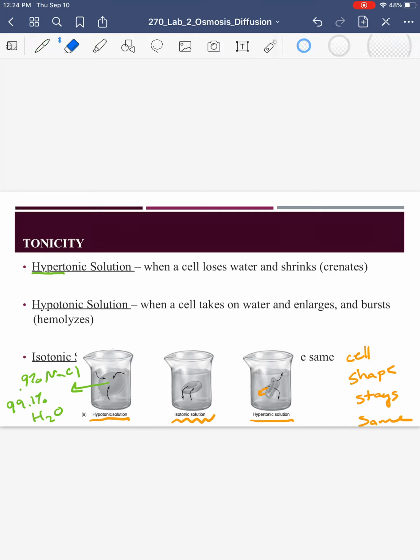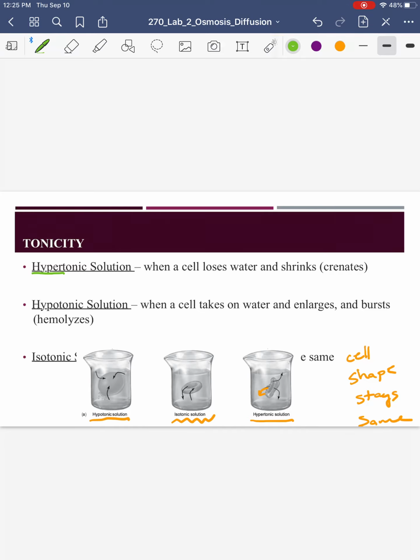But I find that to be confusing, because even though there will be a little bit of sodium chloride diffusing, it is the water that is going to be what causes the cell to change shape. It is the movement of water, not the sodium chloride. It is the movement of water that is what causes these red blood cells to change shape. So that's why I think it's easier to look at the water, even though these are named based off of the sodium chloride solutions.